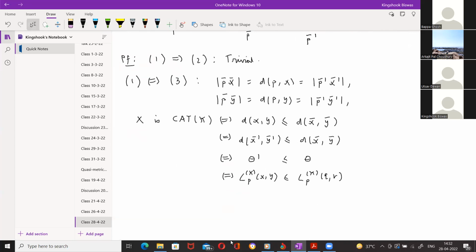Okay. So what do we have to prove now? We just need to prove 2 implies 3. Okay, that will finish the proof, right? Because 3 implies 1 already we have here. So 1 implies 2, 2 implies 3, 3 implies 1. That will prove that they're all equivalent. So let's prove 2 implies 3, right?